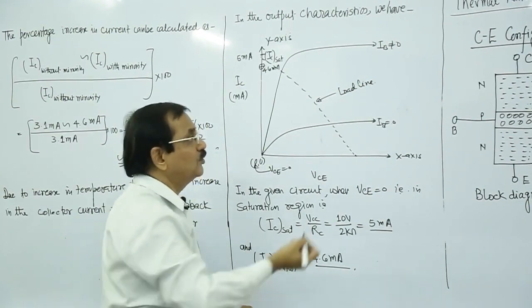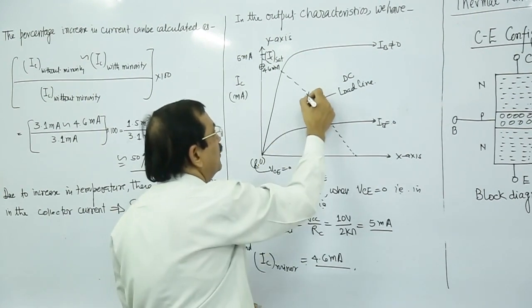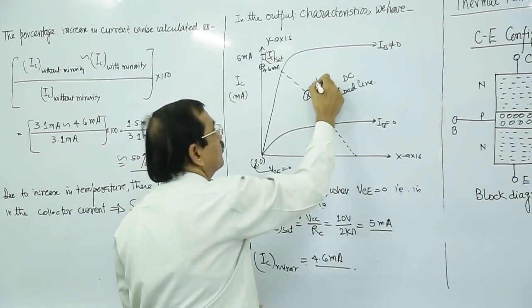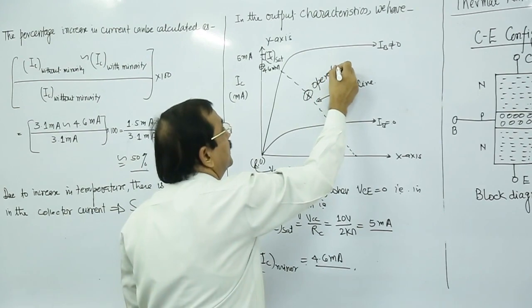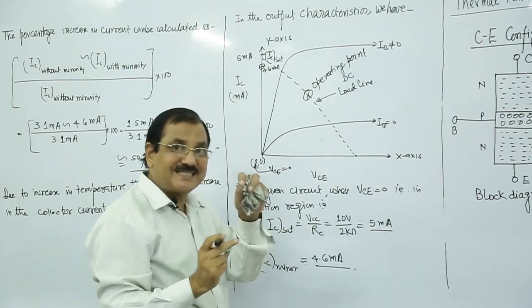On this DC load line there is a Q point, the operating point. So this operating point will shift.